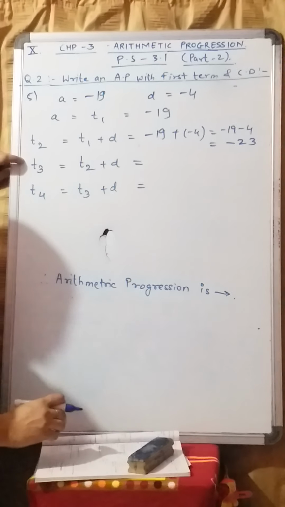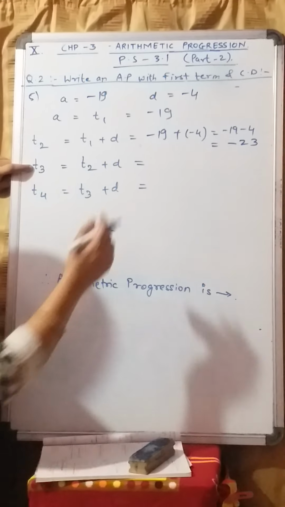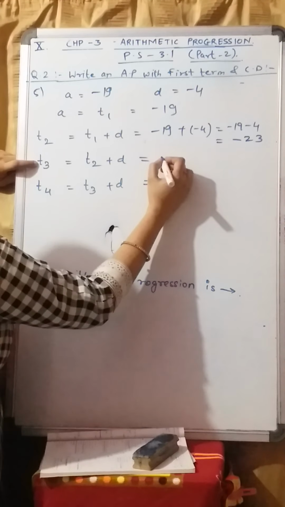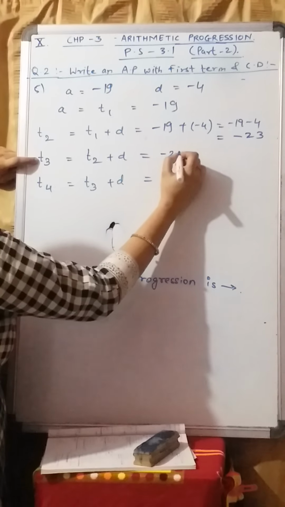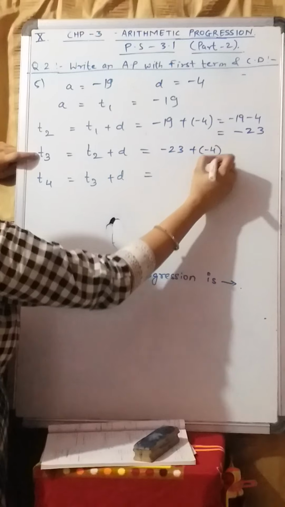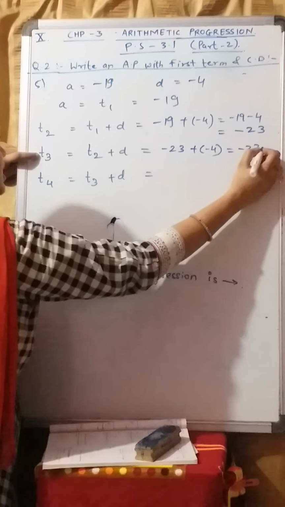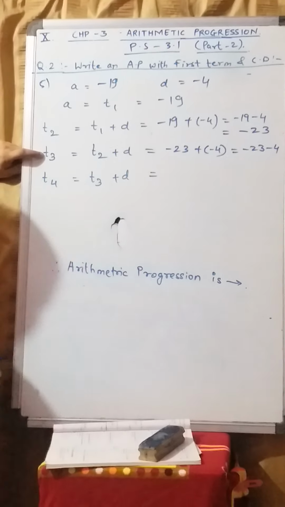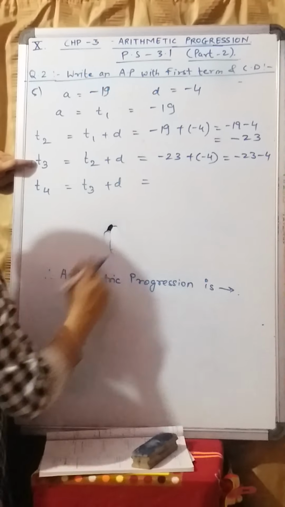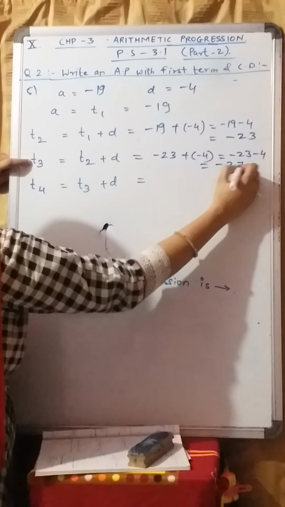So T2 is -23. For T3, T2 plus the common difference, that is -23 -4, which gives -27.